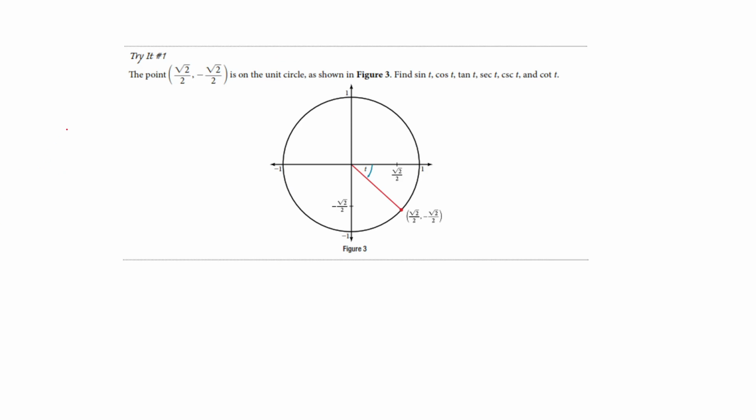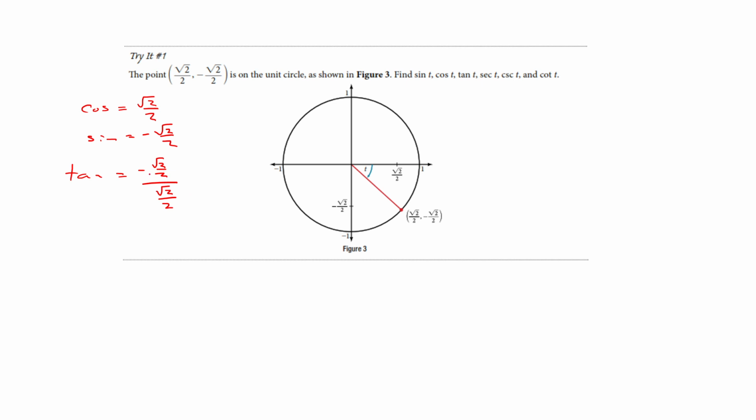So this is telling me cosine is square root of 2 over 2, and sine is negative square root of 2 over 2. Okay, so from this, I can find all the other trig functions. Let's do tangent. We'd have negative square root of 2 over 2 all over, I'm just putting sine over cosine.